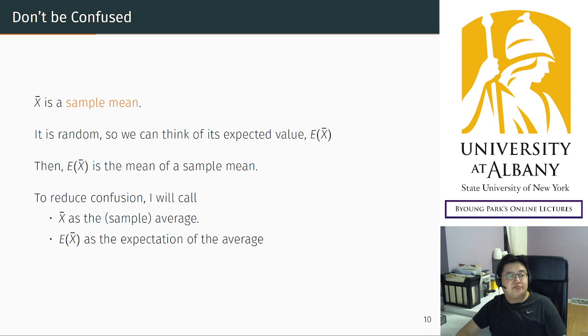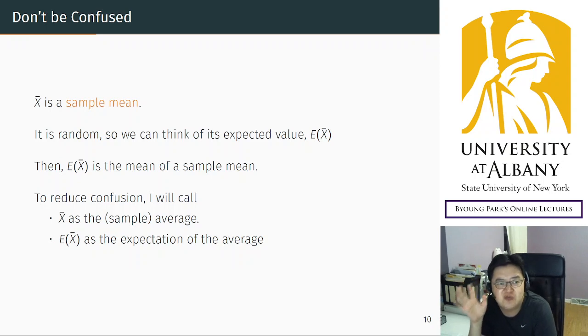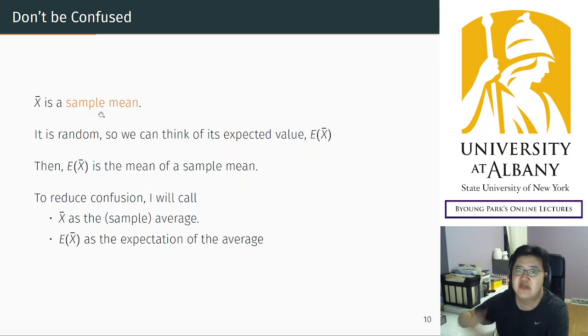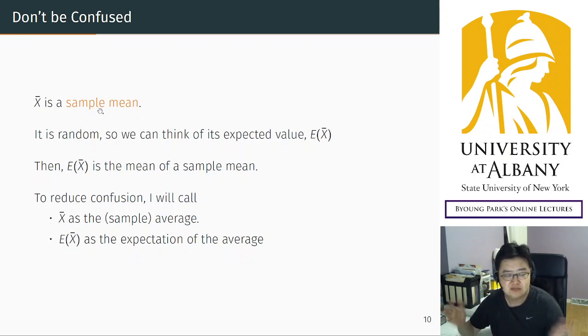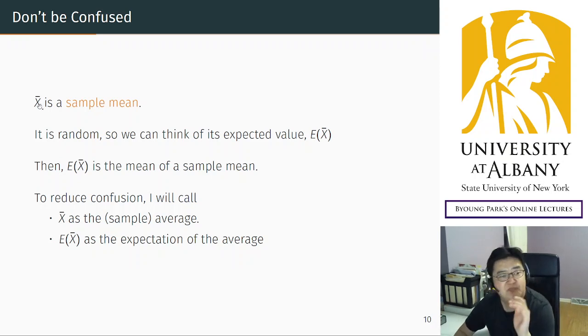Okay, another thing I'd like to mention here is that it's very confusing, because usually in your mind, you may think mean equals average equals expectation. That is right, but can you think about the mean of a mean, the average of an average? You can think about that. Say X bar is a sample mean, which is the average calculated from, say, 1,000 people, right? It's natural to understand, but I said it is random.